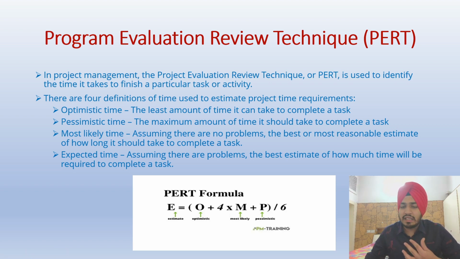So it would be very near to the most likely and may be far from the optimistic or pessimistic. Usually it has been seen that it is 10% up or down from the most likely time.